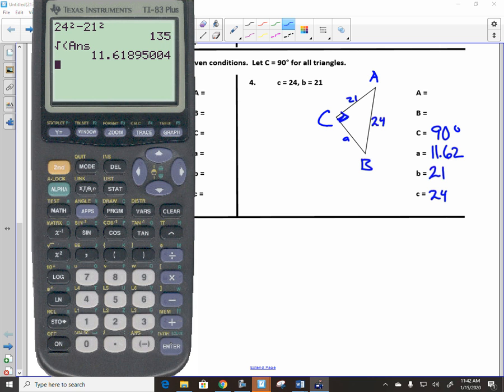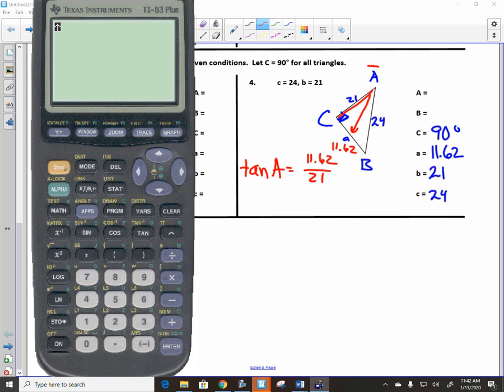So at this point, you decide you want to find A or B. Griffin, what do you want to do? Okay. Griffin wants to find A. Griffin, would you like to use sine, cosine, or tangent? So if he wants to use tangent, then he's got to do opposite over the adjacent. So the tangent of A is equal to 11.62 over 21.